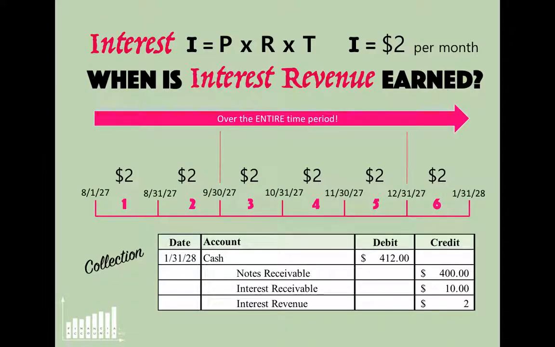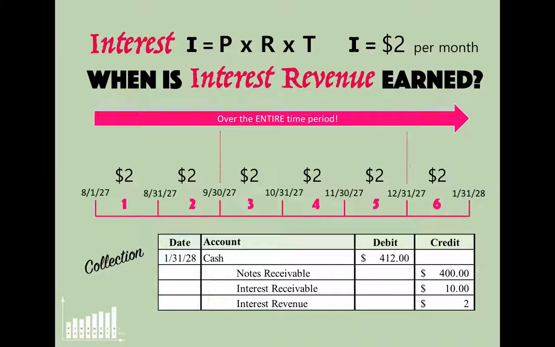Now, when January 31st comes, Mr. Moneylater has to write us a check. And he's going to send us a check for the original purchase amount plus all of the interest, which is $412. $400 of it is the original purchase amount, and the $12 is for the interest.